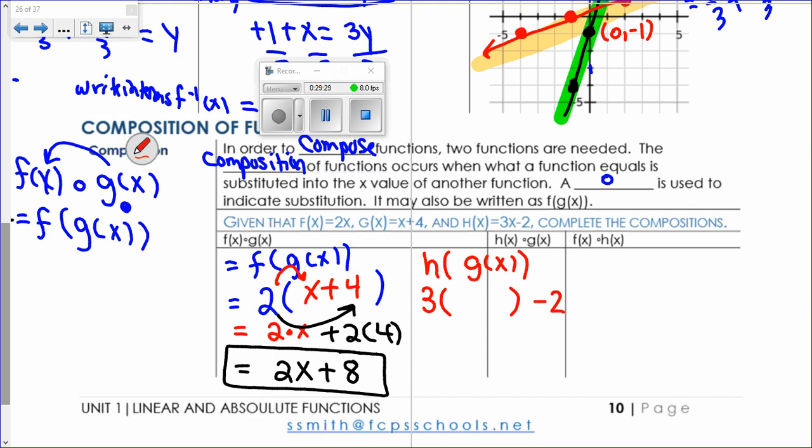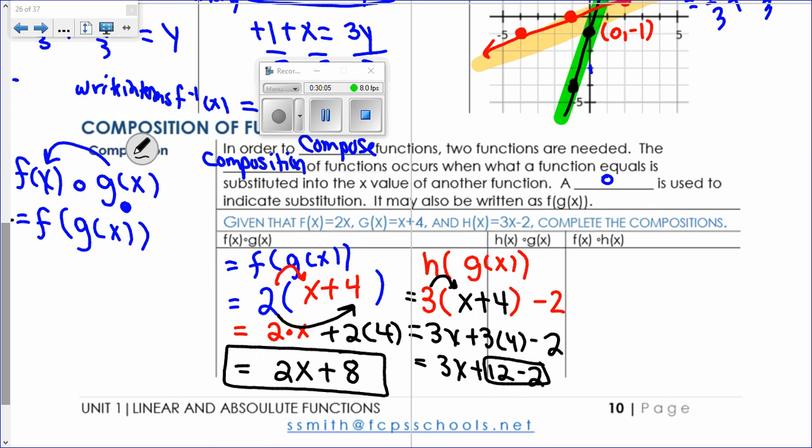So you insert g of x, x plus 4, and you're distributing again. It becomes 3 times x plus 3 times 4 minus 2. You get 3x plus 12 minus 2. What's 12 minus 2? 10. This equals 3x plus 10.